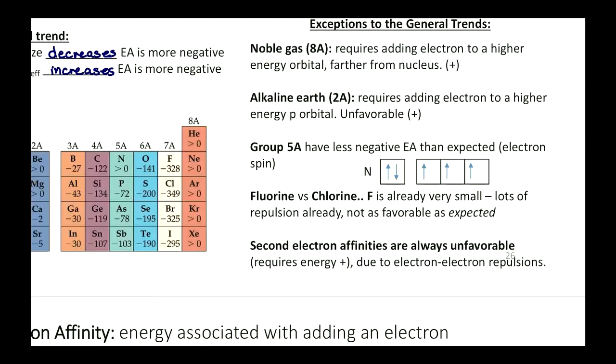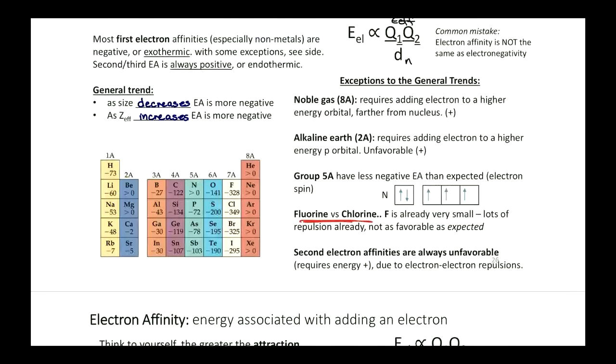But because 2p is already so small, you're shoving 6 electrons into a small space. What happens when you put a lot of electrons in the same space? What force is there? Repulsion, so that's why we get less energy than typical for fluorine. And so that's just a small exception. That's an exception that comes up often, though, I would say, on exams. And then again, second electron affinities are always unfavorable because the thing's already negative.